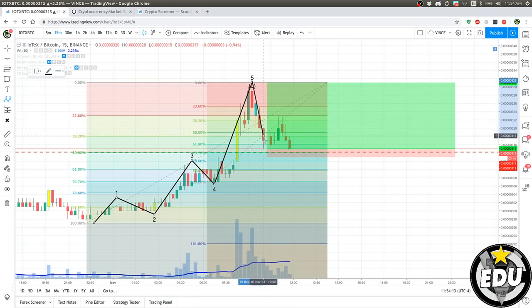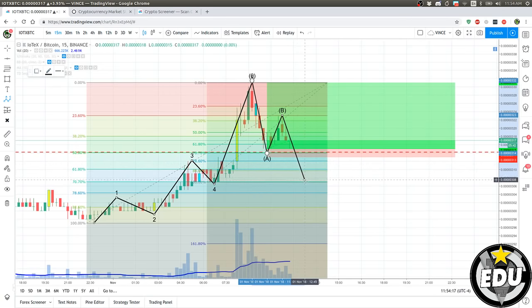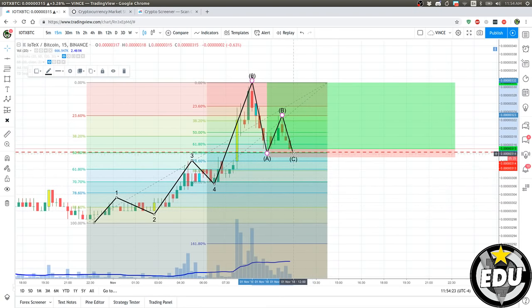Most of the time the ABC is a zigzag, so it might reach probably below here where we have 70, or it can totally bounce here and make what is called a flat ABC. But the coin did a nice pump here, so it probably needs to correct a bit.